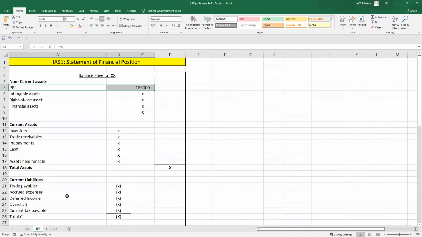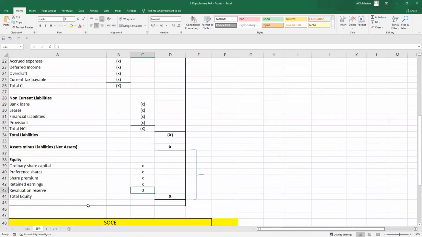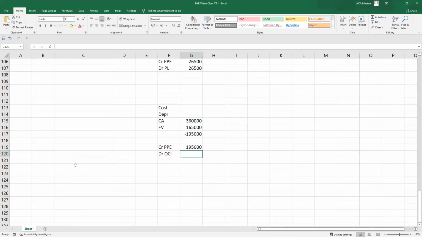So this impairment expense can firstly be charged to the revaluation reserve. And we said there that would be the 82,500 because that's how much was there. And then the remainder will go to the P&L. Now, if there wasn't an amount in the revaluation reserve, then it would all just go to the P&L.